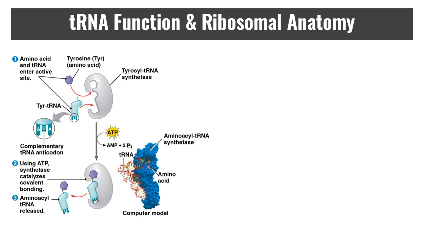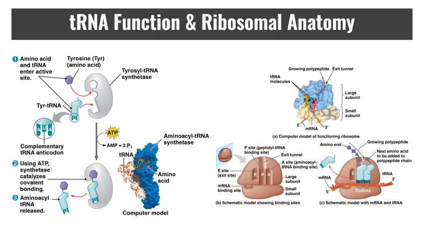So ATP is used; it's an enzymatic process. The tRNA will then transfer this amino acid from the environment of the cell to the actual ribosome. You have three binding sites within the ribosome: the A, the P, and the E. The A site is the aminoacyl-tRNA binding site, so that is where the amino acids will enter.